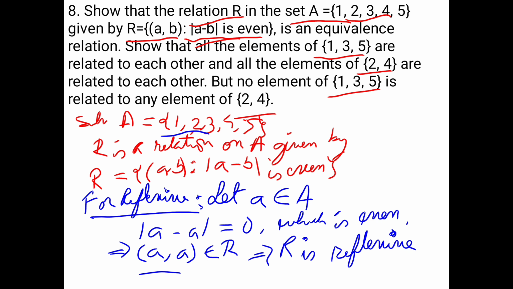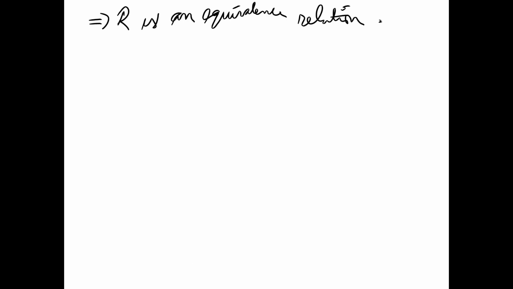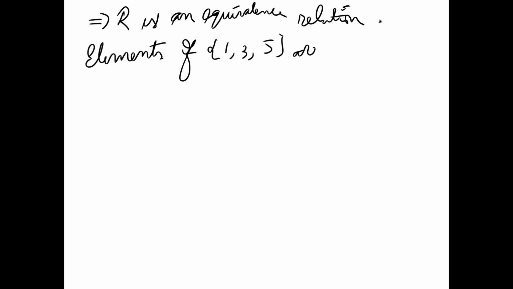Elements of 1, 3, 5 are related to each other. The elements of the set 1, 3, 5 are all odd.